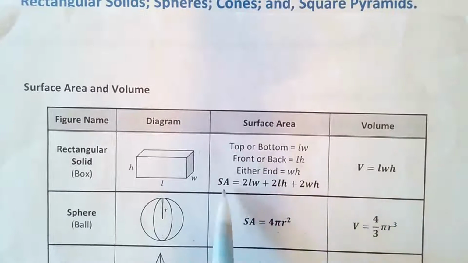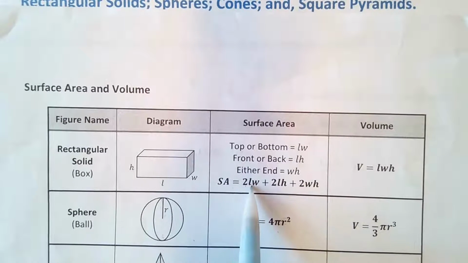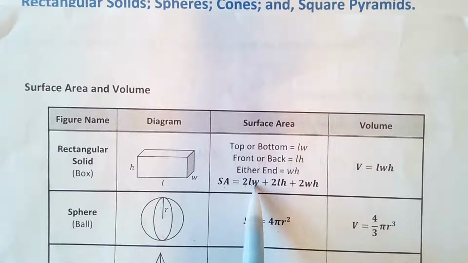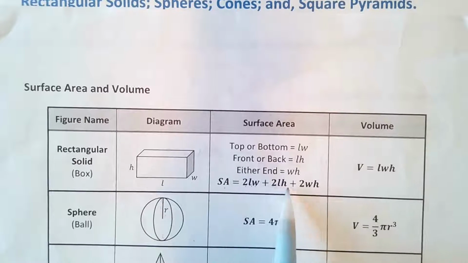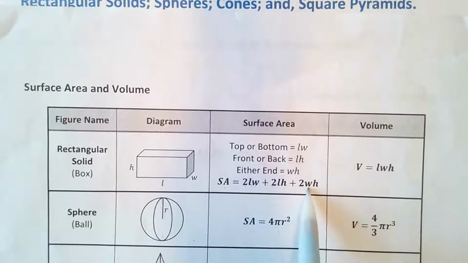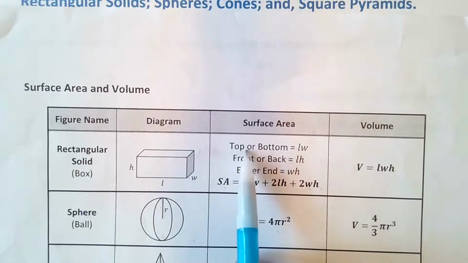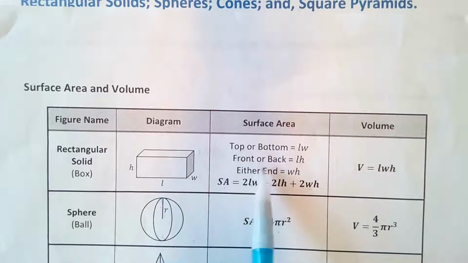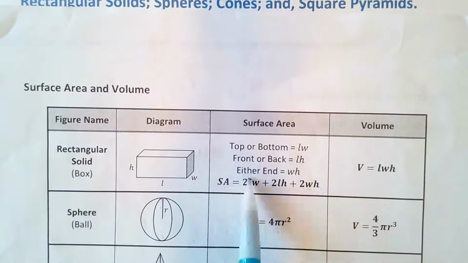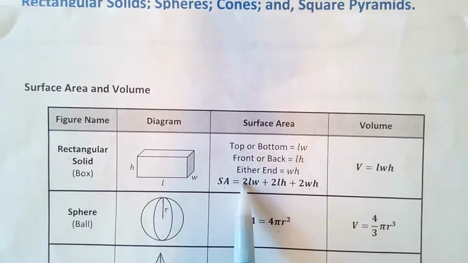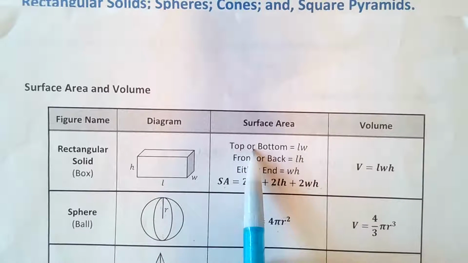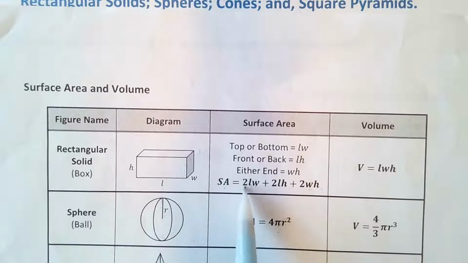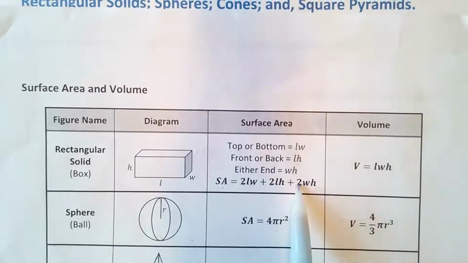We find that the formula is: surface area is 2 times the length times the width, plus 2 times the length times the height, and 2 times the width times the height. Essentially you're finding the top and bottom, which is the length and the width, the front and the back, the length and height, and either side, the width times the height. Since they are opposing sides, we multiply by 2. So that's how we derive that formula.